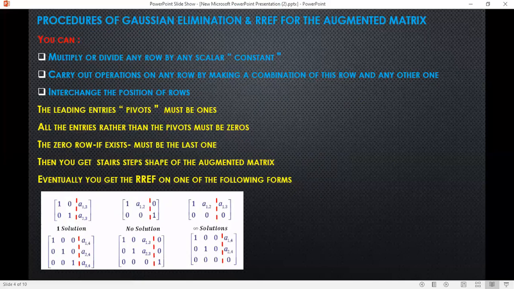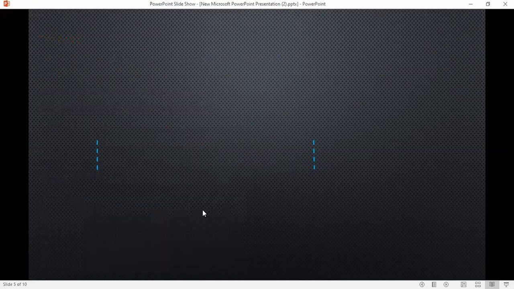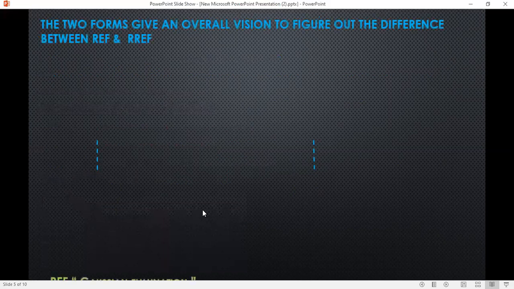Then here we have one equation in two variables. This means that one is free to take any arbitrary value, and the other depends on it. Then we have an independent variable and a dependent variable.